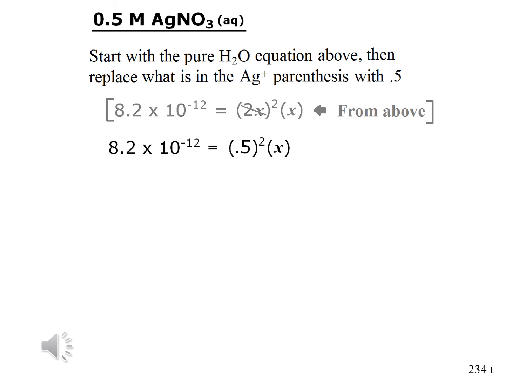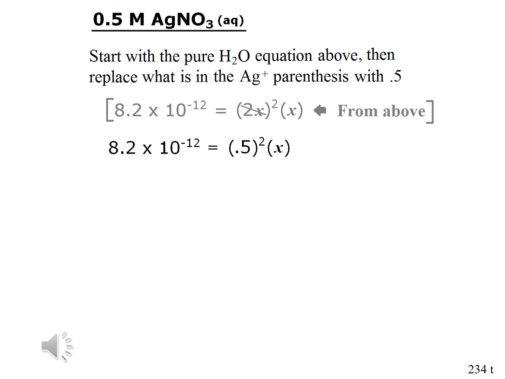Now, if you want to calculate the solubility in the other ion, 0.5 molar silver, you are going to take the pure water case with both parentheses having x's and completely cross out what's in the silver parenthesis and plug in the 0.5.